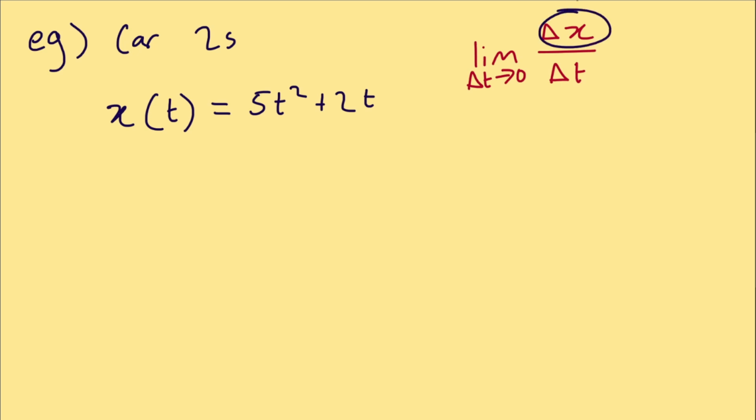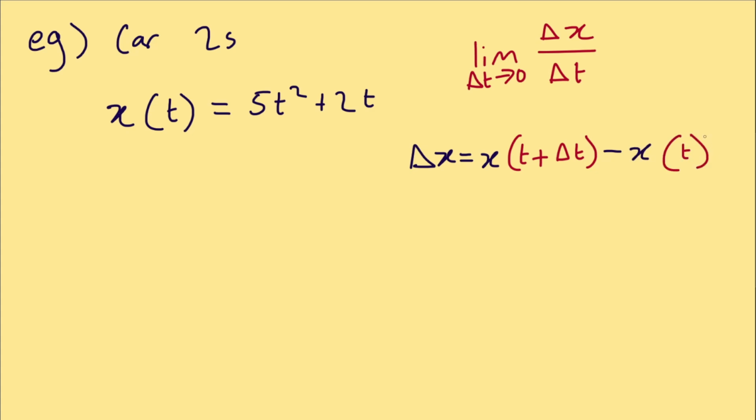And really quick, we have to define delta x. Delta x, we will define as x(t + delta t) minus x(t). What does this mean? Now this is taken from the derivative definition, but don't worry if you don't know derivatives. So here delta t is our super small time interval.